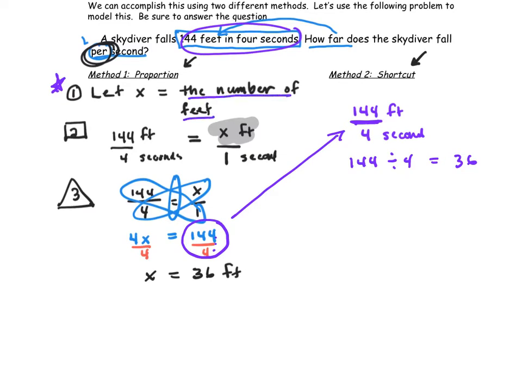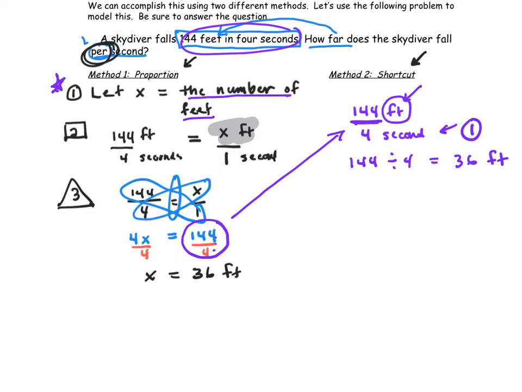So that's one way. If I use this method and don't define a variable, then what I'm finding is the first quantity for one of the second quantity. So unit rate is how many of the first quantity, in this case it's feet, for one of the second quantity. So now 36 must be talking about feet.